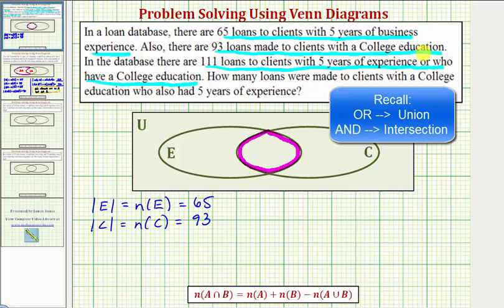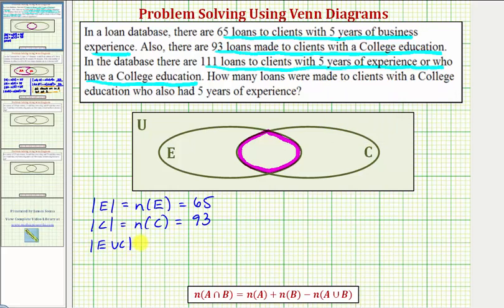The word or means union, and therefore the cardinality of E union C, or the number of elements in E union C, is equal to 111. And again, our goal here is to determine the cardinality of E intersect C, or the number of elements in E intersect C.